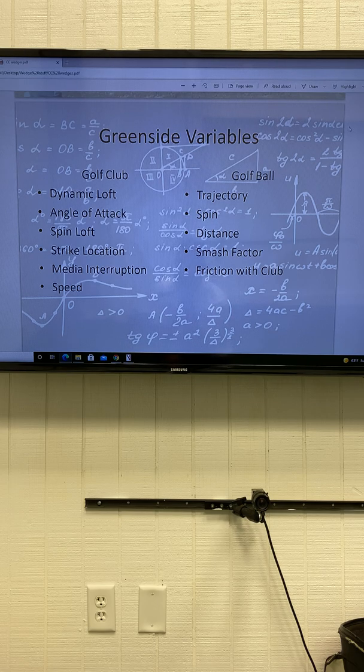So if I have more dynamic loft, which would be a higher lofted club, and I give it the same angle of attack, so same motion, and I increase speed to the point where that spin loft can't get friction in that collision, the trajectory goes up and the spin is less.